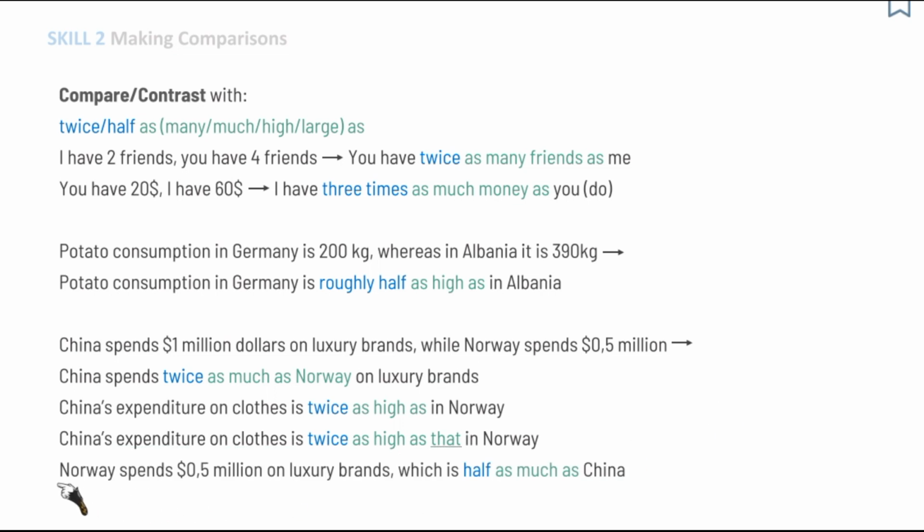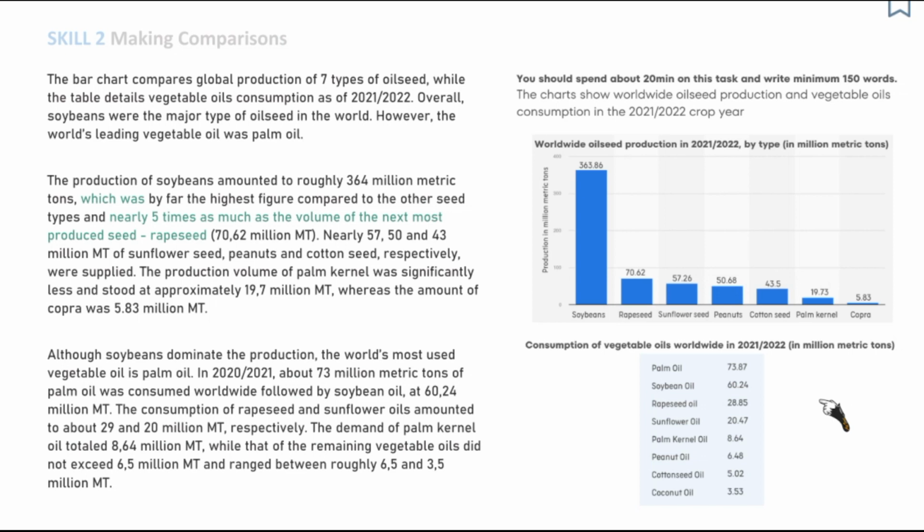Also, I can start my sentence with Norway. And in this case, I will say Norway spends 500,000 on luxury brands, which is half as much as China. This is also a very good way to present information. And this is how I have used these structures in the report.